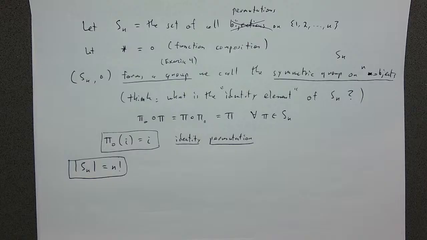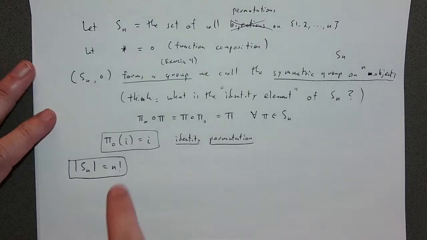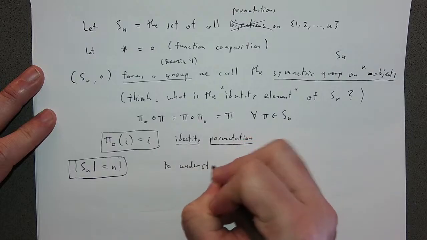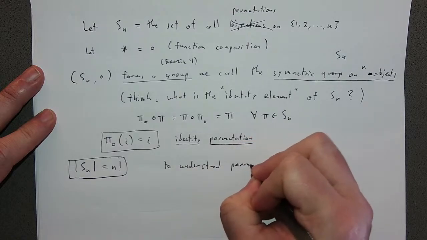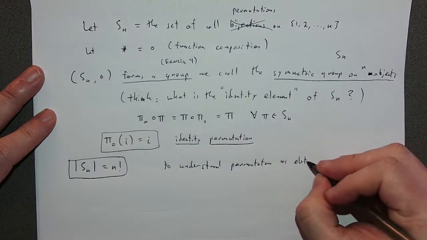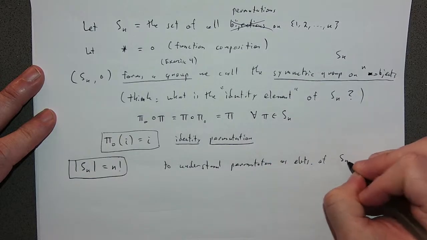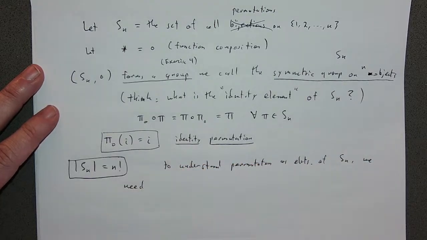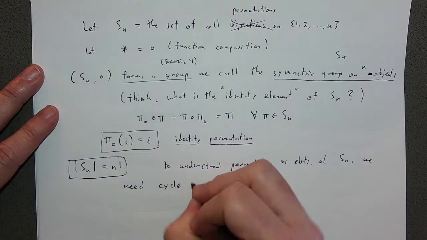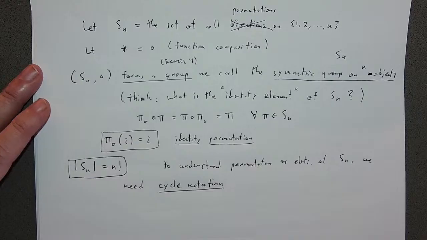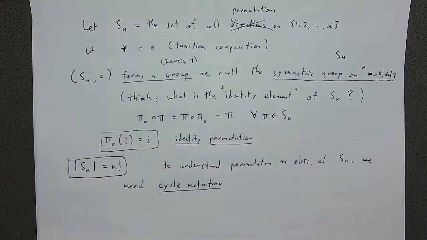Now, it turns out that to understand permutations as elements of this group, we need much better notation. We'll call this cycle notation. So the way that we do this is as follows.